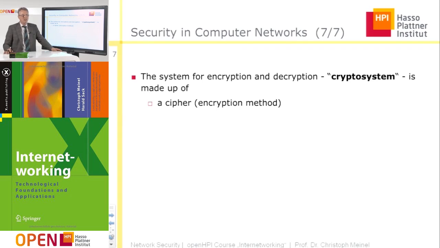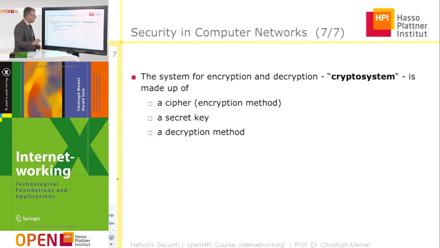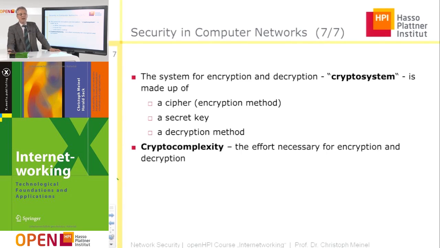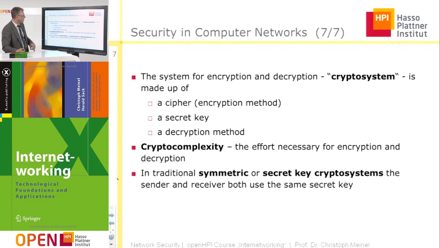Such a crypto system consists of the encryption method, which is called the cipher, the secret key that is selected from a huge number of possible other keys, and of course the decryption method, which allows decrypting the ciphertext back into the plain text. The effort needed for encryption and decryption is the crypto complexity.